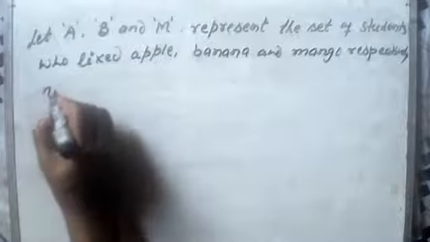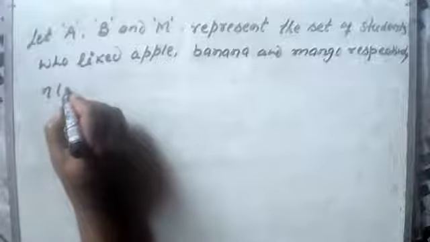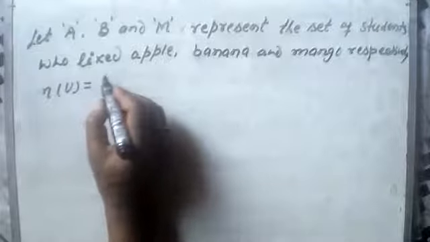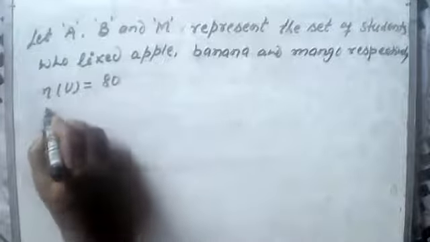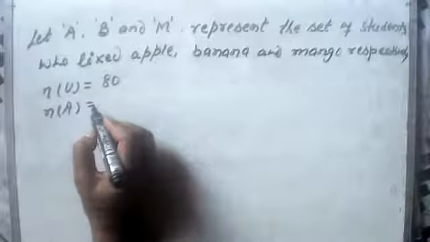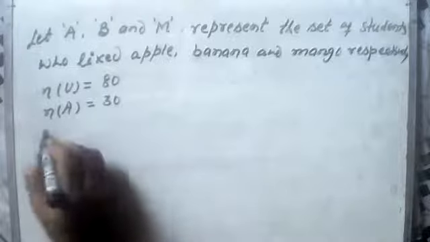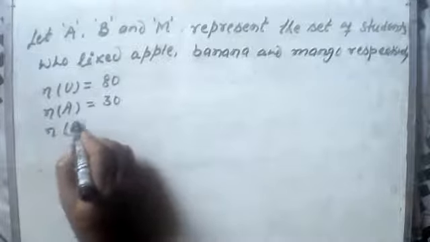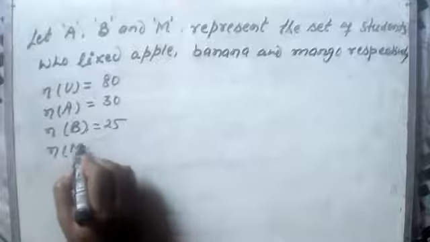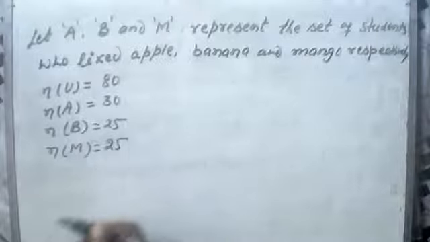Then N(U), total number of students in the survey, is 80. 30 students like apple, N(A) is 30, and 25 like bananas, N(B) is 25, and 25 like mangoes, so N(M) is 25.